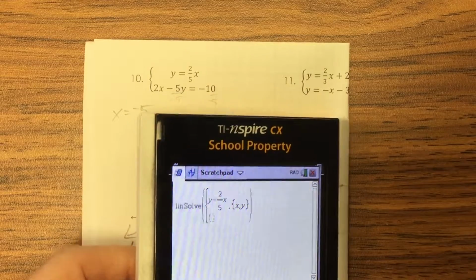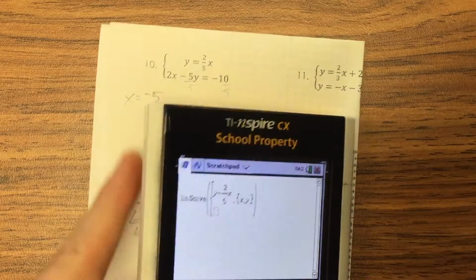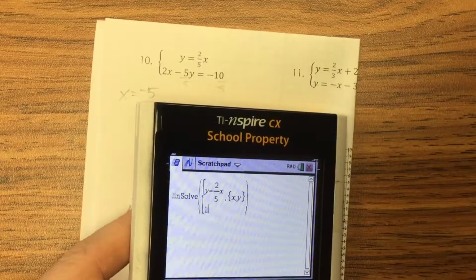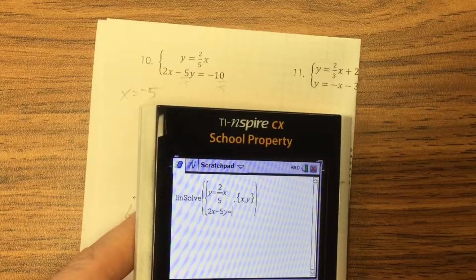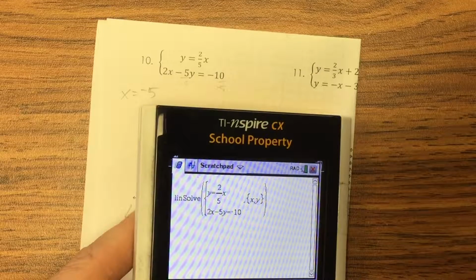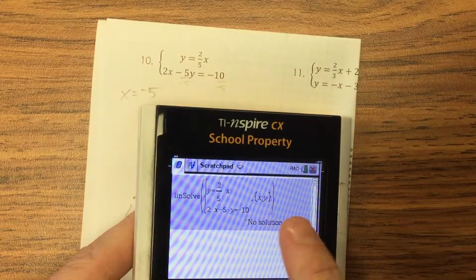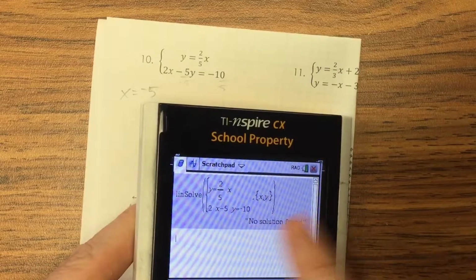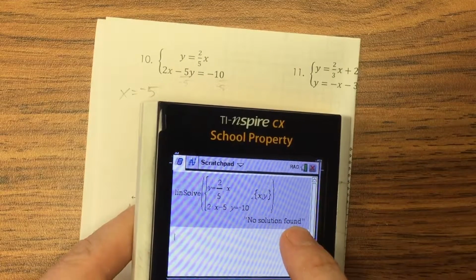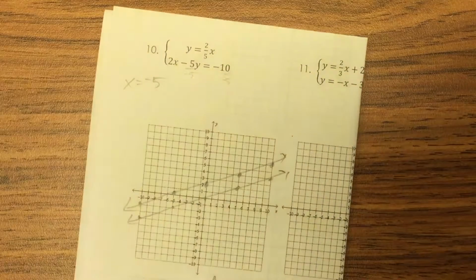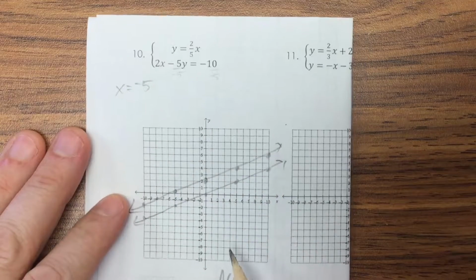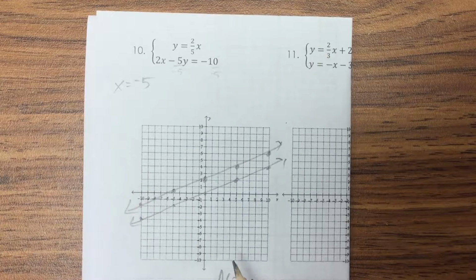The second one, 2x minus 5y equals -10. Hit enter. It does know better. It knows to tell you no solution. So if you are doing LIN-solve and you get no solution found, you know the lines are parallel. That is why there's no solution.